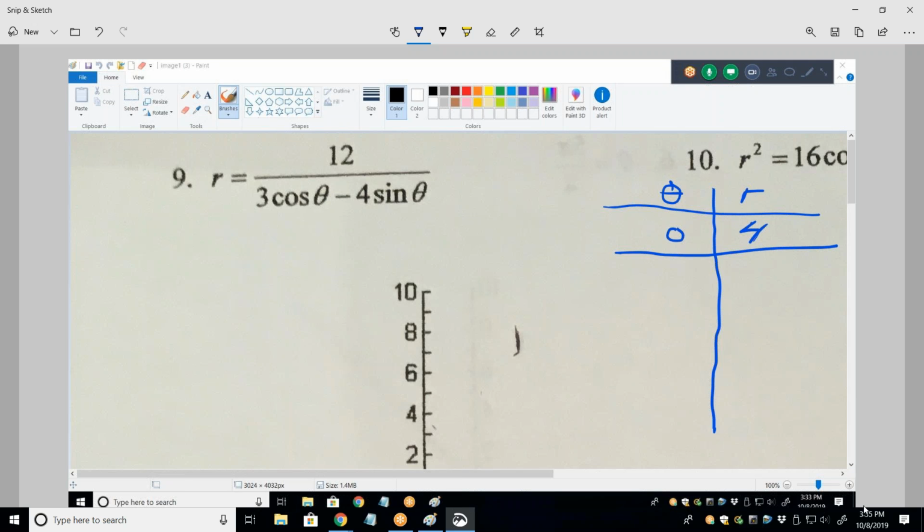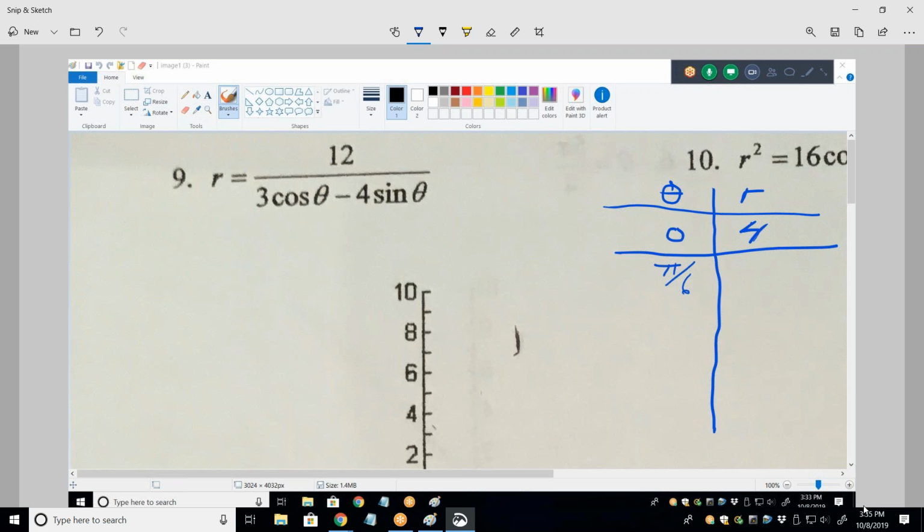Now let's let theta be pi over 6. Come up with just an approximate number. I don't think we have to be super exact here. You can convert it to a decimal if you want. Okay.